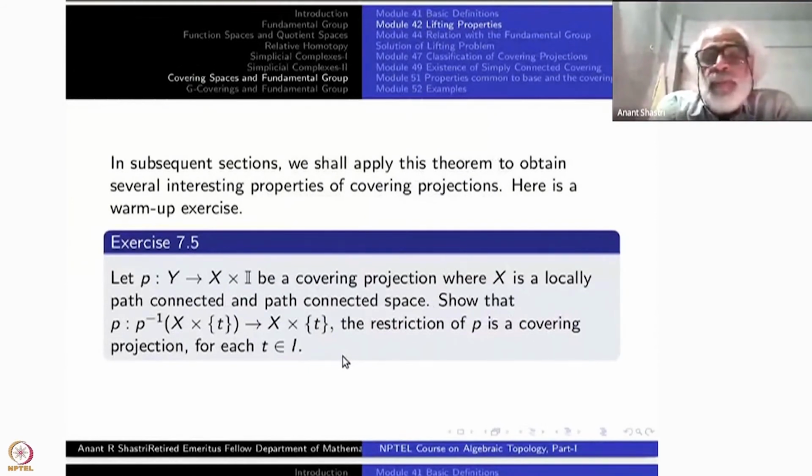Take a covering projection over the space X cross I, where X is locally path connected, etc. You have to assume, and you can assume path connectivity also. If you restrict p, take p inverse of X cross t to X cross t, at each level, this restriction map is a covering projection for each t.